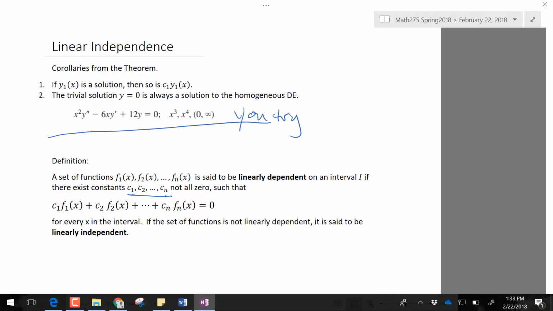That's how people usually define linear dependence. And linear independence is that if they're not linearly dependent, they must be independent.